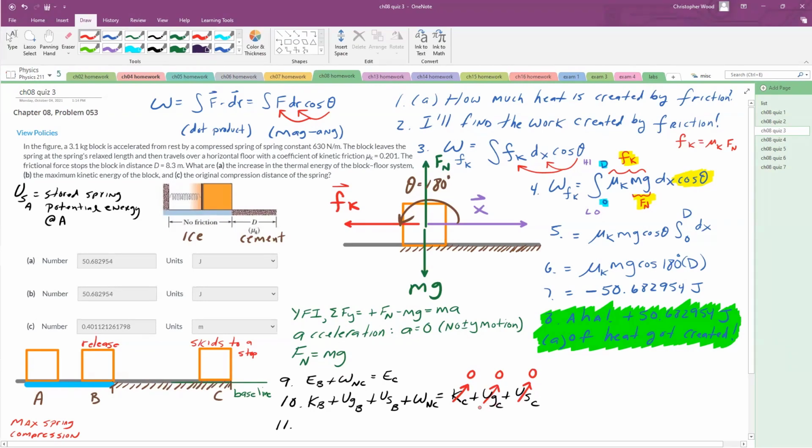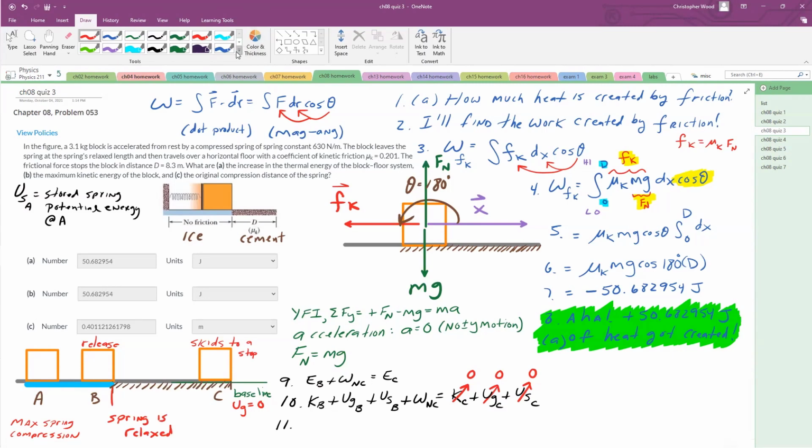There's no gravitational potential energy because I'm just sitting at the baseline, where U_G equals 0. And there's no spring energy because in this region the spring is relaxed, meaning no stored energy.